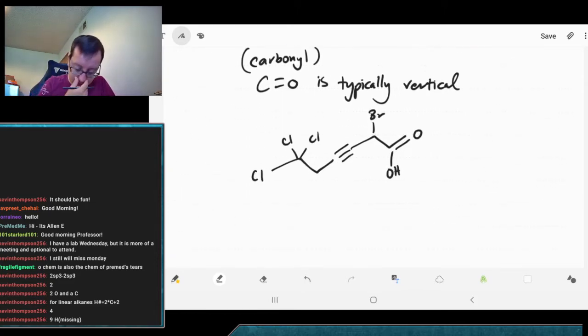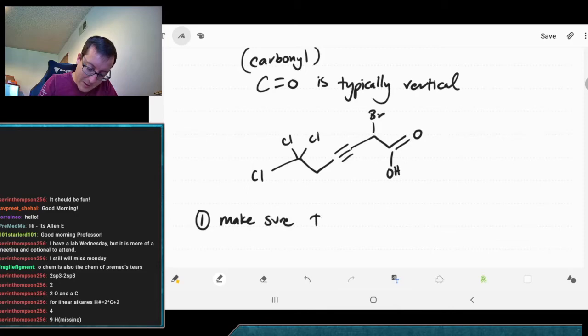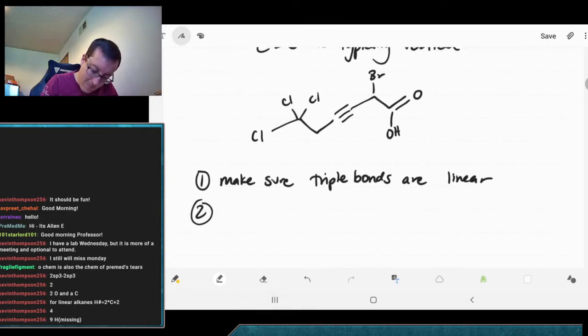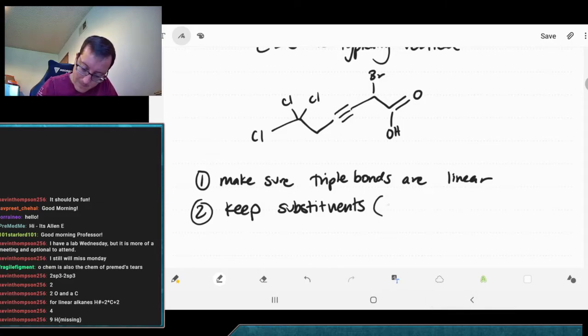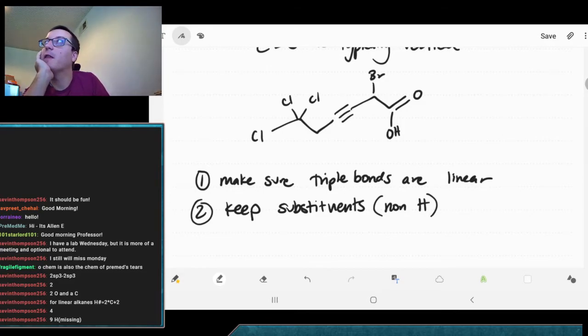So note a couple things. We learned a couple things here. Make sure triple bonds are linear. Keep substituents, those are non-H things, we're going to keep those. How should I write this?